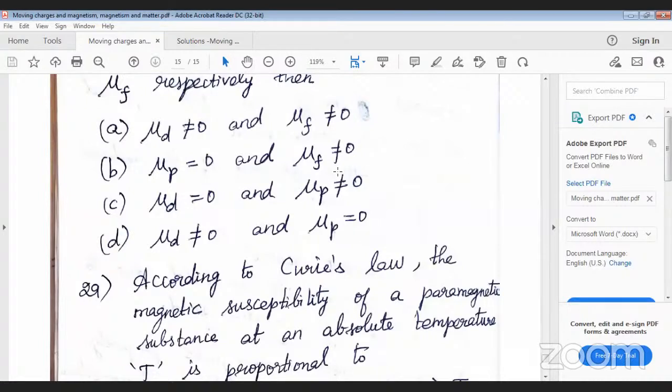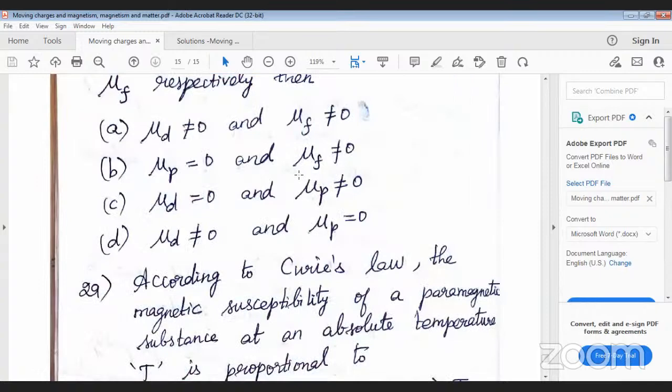So diamagnetic materials usually don't have any dipole moment originally, and acquire magnetism in the presence of an external magnetic field only. So mu d equal to 0.